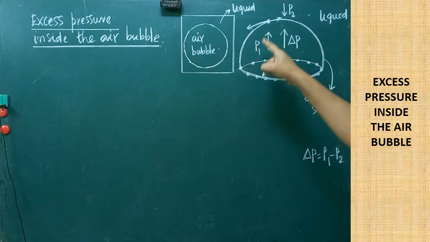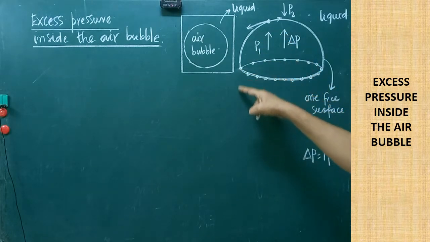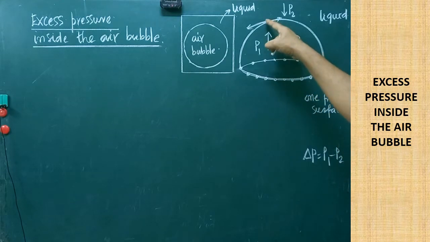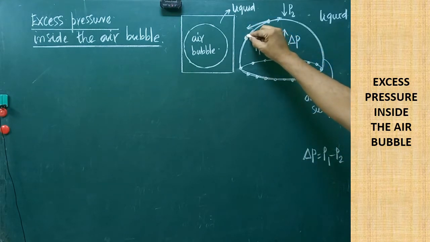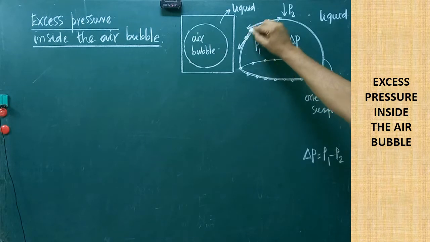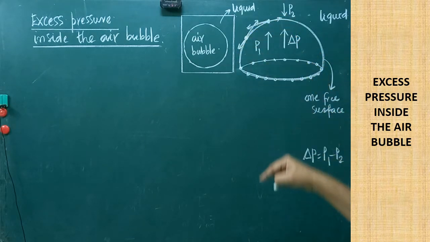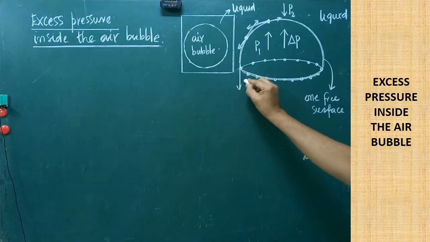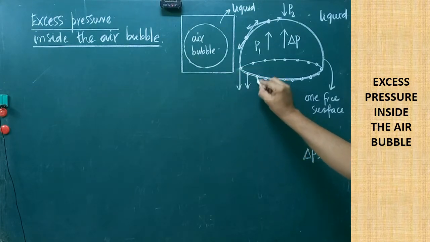So on each molecule, what will happen? The force due to surface tension acts in the downward direction, because if the lines are extended for other molecules also, the tangential forces are acting on either side. If the same lines are extended here, these are all the directions of the force due to surface tension.